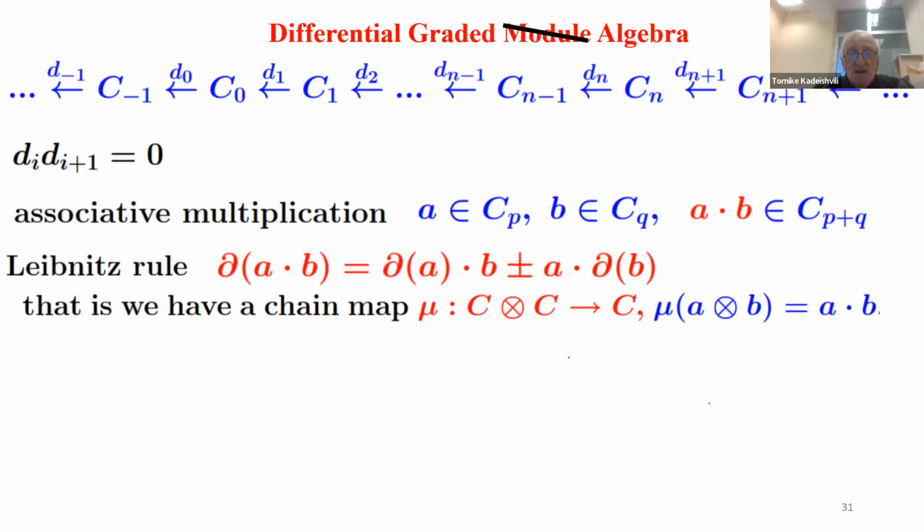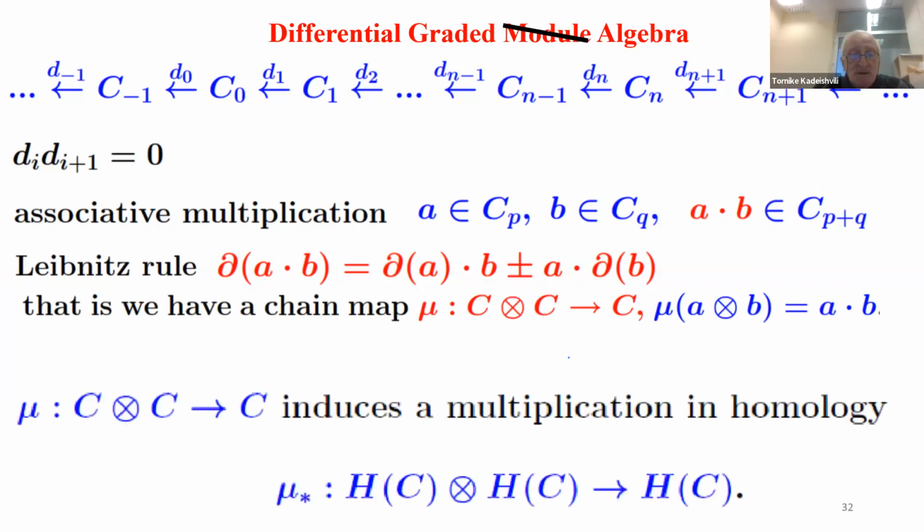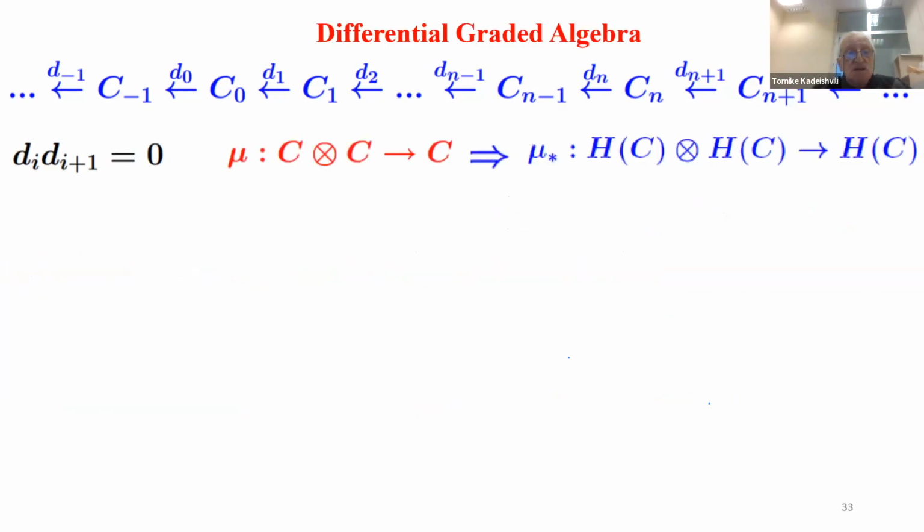And we have a chain map, and it induces correct multiplication in homology. Correct multiplication mu star. Mu was that strange dimension-summing multiplication of C's. Mu star is again dimension-summing multiplication of homologies.